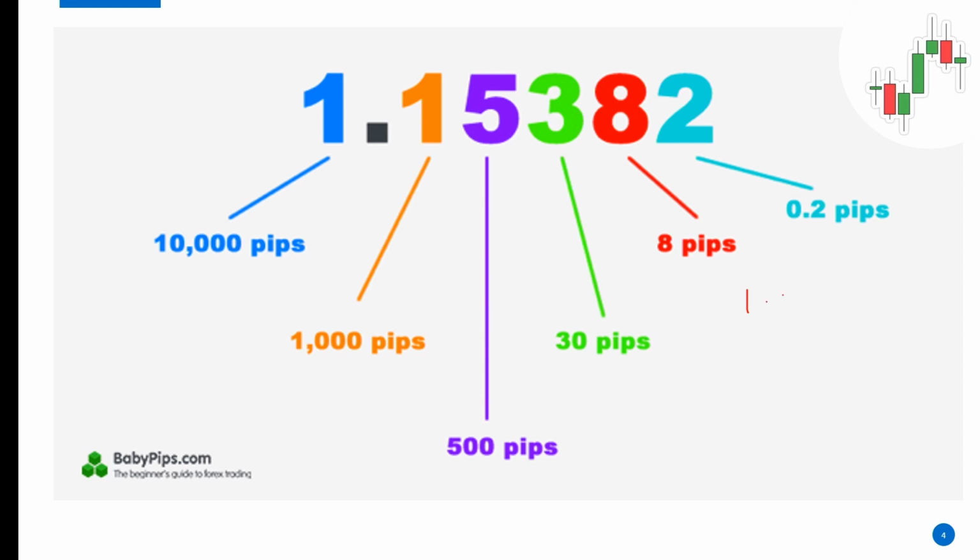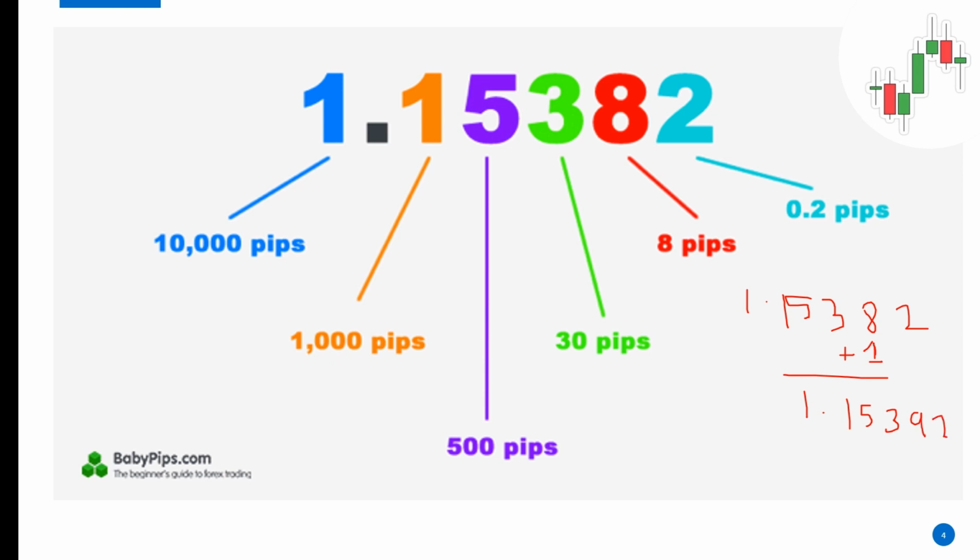Just to give you that again, 1.15382. If you increase it by 1 pip, it means you are adding +1 on the fourth decimal place, so it will be 1.15392.